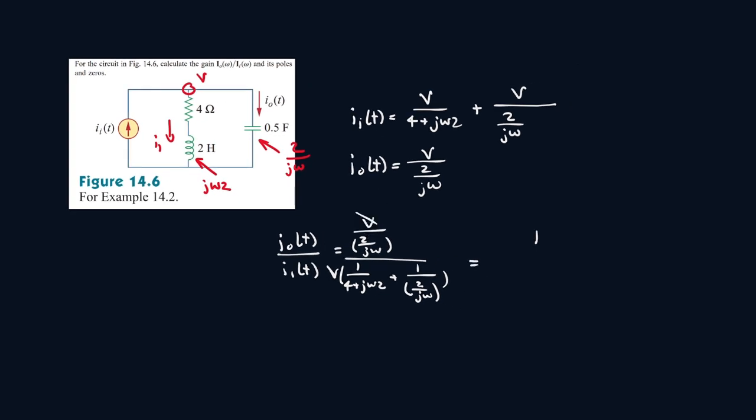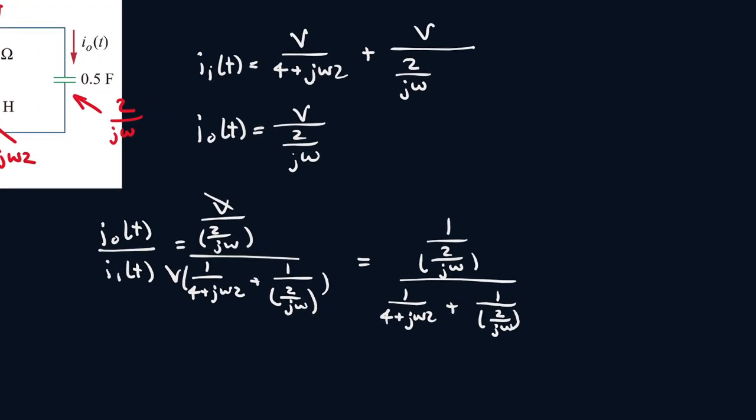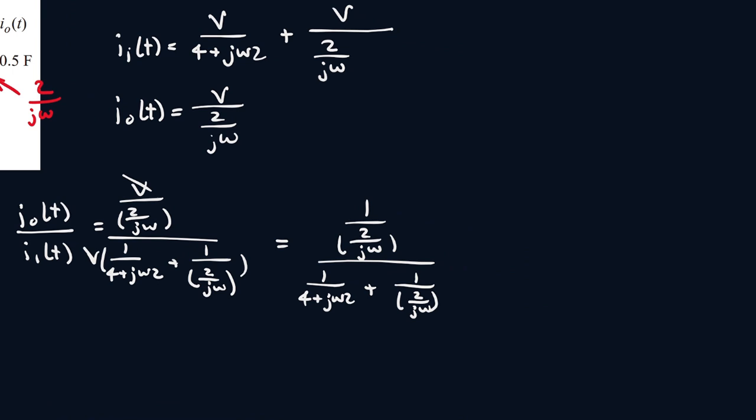So this will be equal to 1 over 2 over JW all over 1 over 4 plus JW2 plus 1 over 2 over JW. Now, I could times the top and bottom by JW, and this cancels out, and same goes for here.